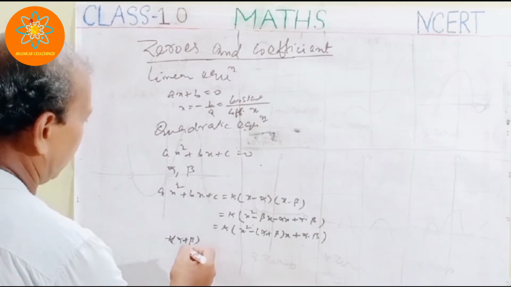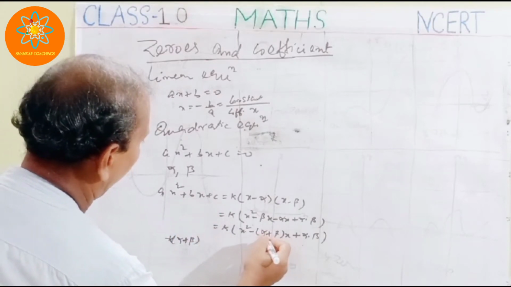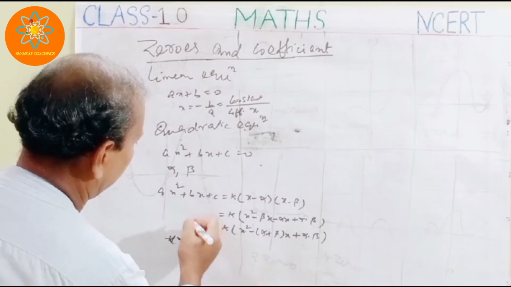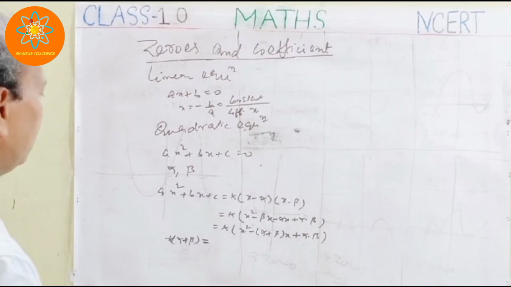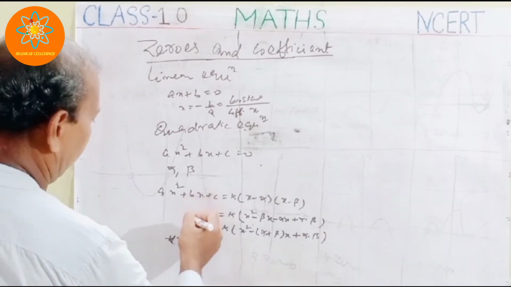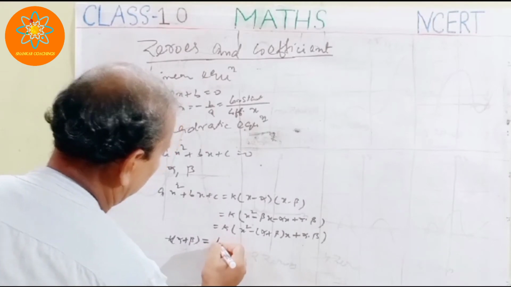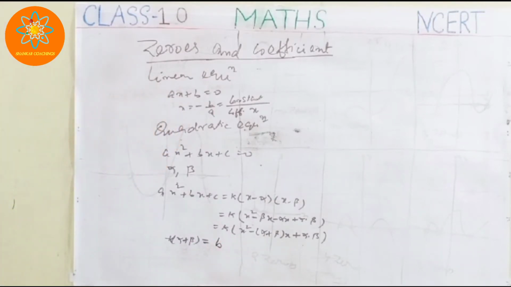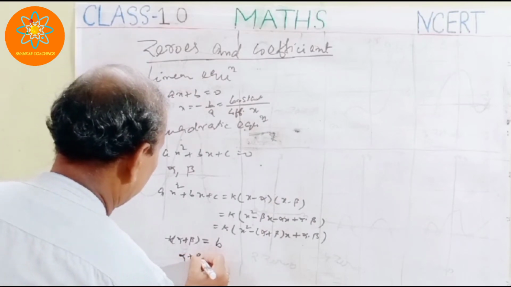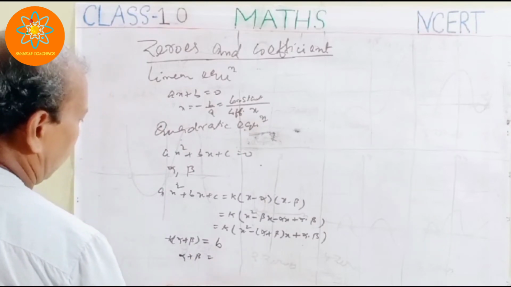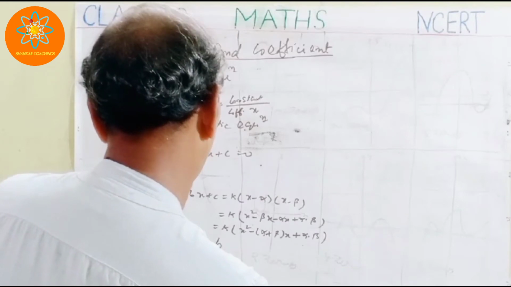This coefficient is minus alpha plus beta times k, and this will be equal to the value of b. So your alpha plus beta is equal to minus b by a.